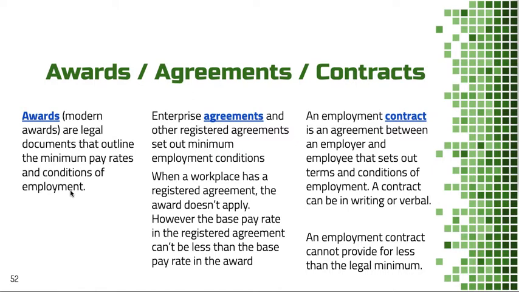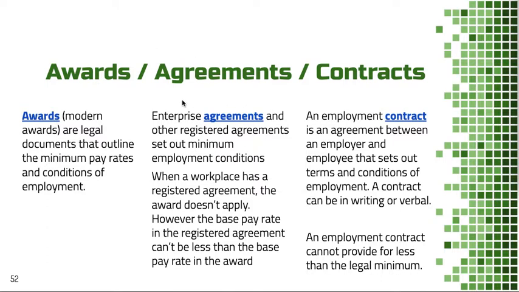There is an award for each industry. So there is a construction workers award. And if you work in the construction industry, it outlines the minimum amount that you can get paid and the minimum conditions of your employment. Awards are the minimums. They are set by the government and the Fair Work Commission in consultation with industry.